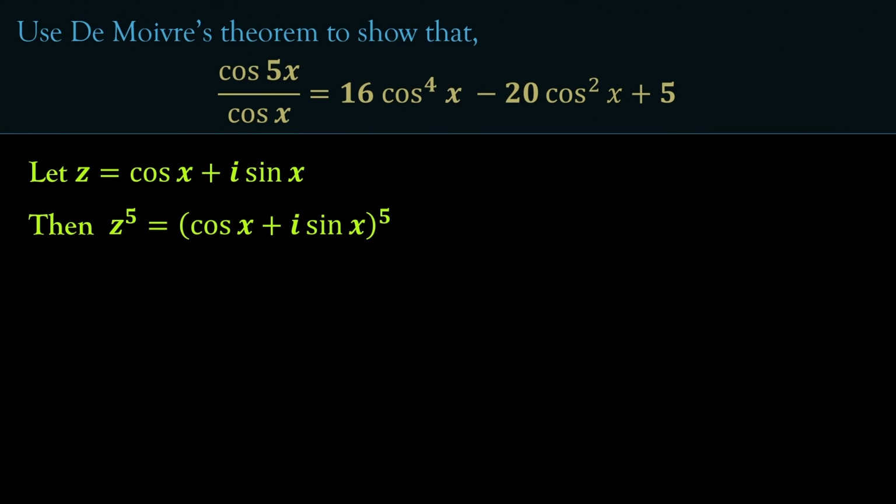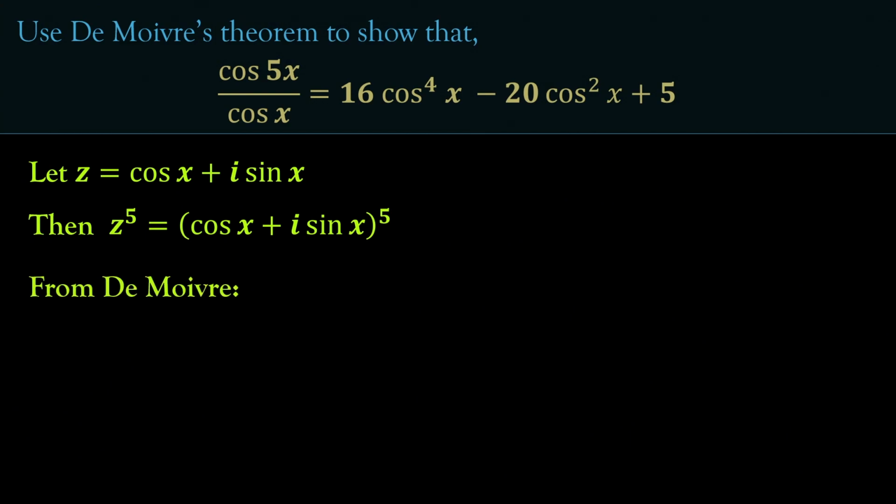But just in case you do not know how to show that this is de Moivre's theorem, to prove it, the first thing you need to know is that cosine x plus i sine x can be expressed using Euler's form, which is e to the power of ix.